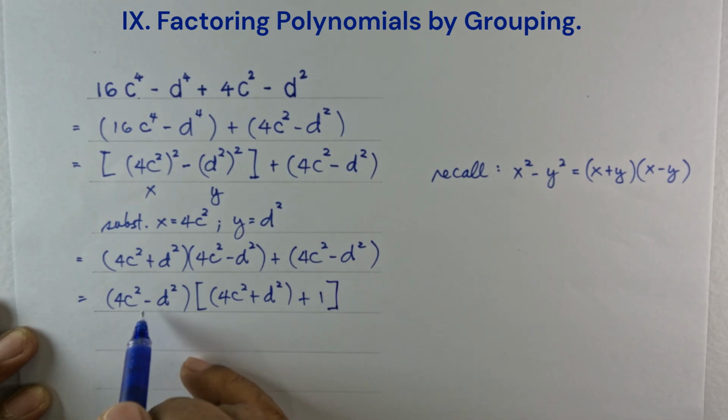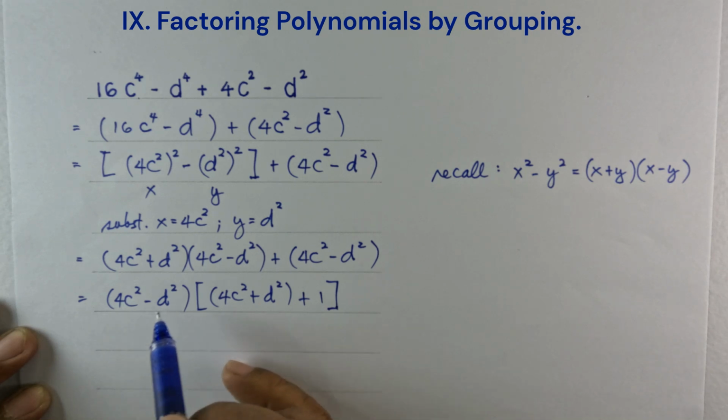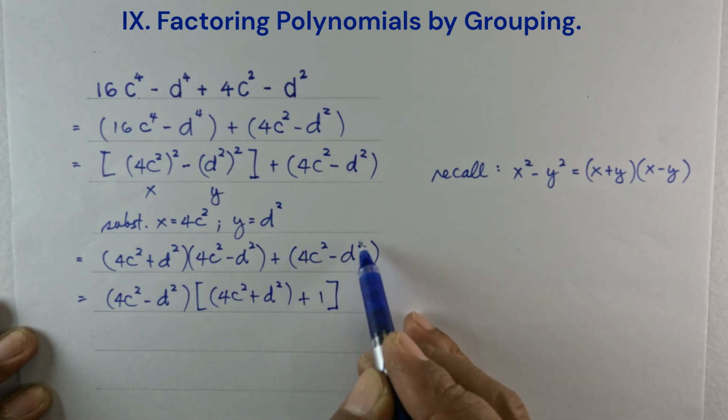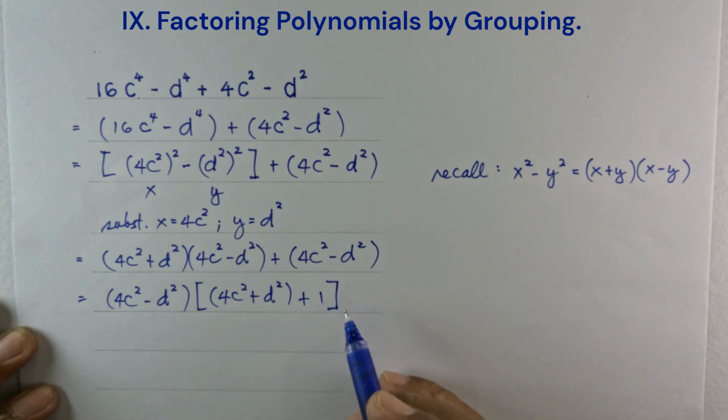So 1 times 4c squared minus d squared is equal to this binomial here.